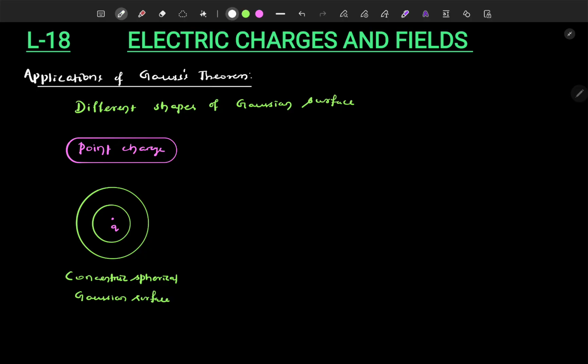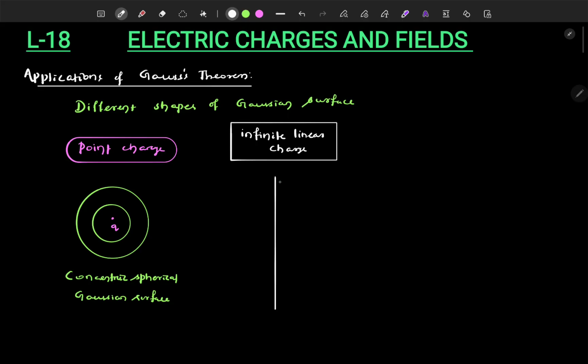Okay. Next, for infinite linear charge. So this is your infinite linear charge, extended up to infinite. So for this, the nature of Gaussian surface is coaxial cylinder.